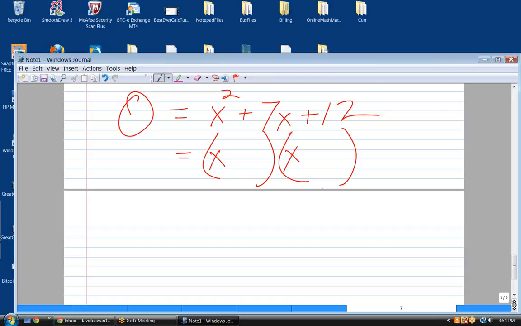It's plus. Therefore, I know that signs have to be the same, and they have to be whatever the middle term has. So it has to be plus plus. And now I can say factors of 12 that add to the number 7. If that's all equal to 0, then what's my solution?